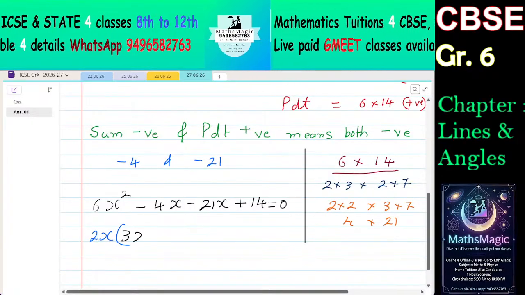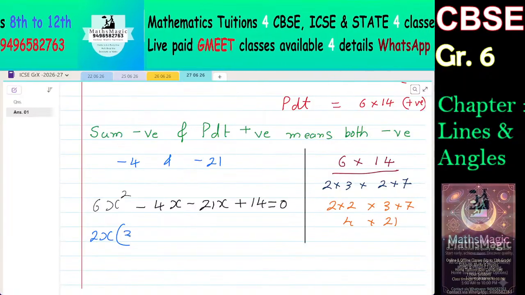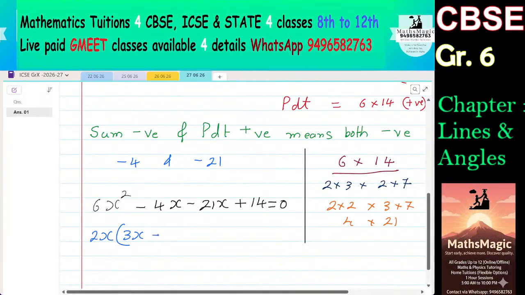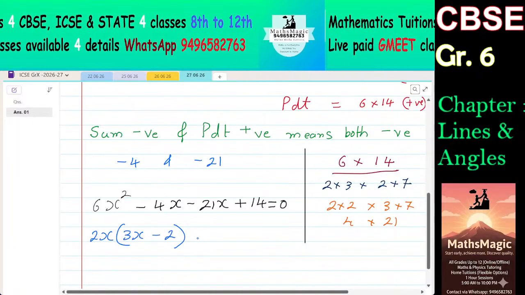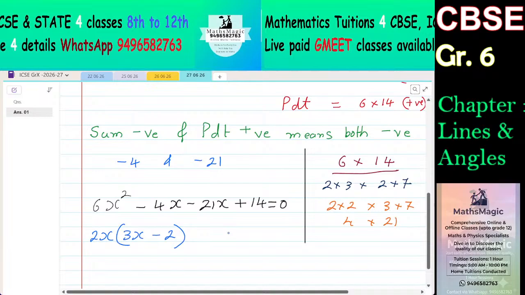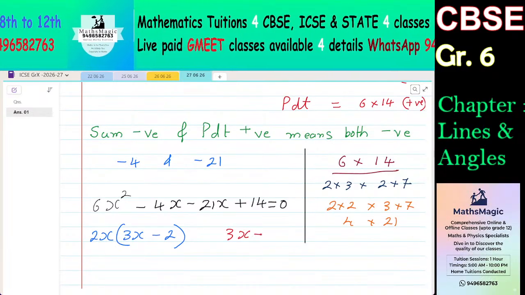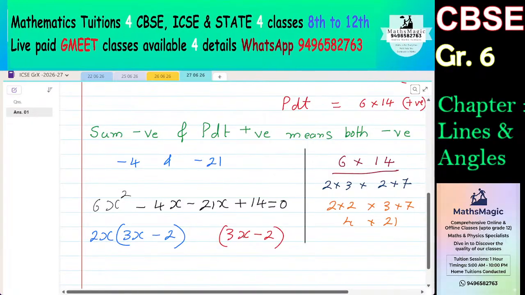Okay, tell me, yeah, that is 3x. 2x into 3x is 6x squared. Then minus 2. Minus 2 into 2x is minus 4x. So your plan should be to get 3x minus 2 inside the bracket.